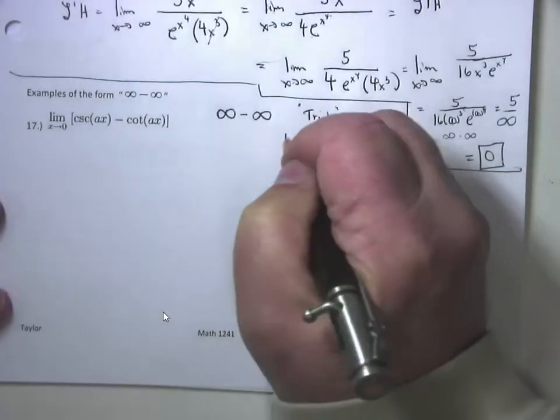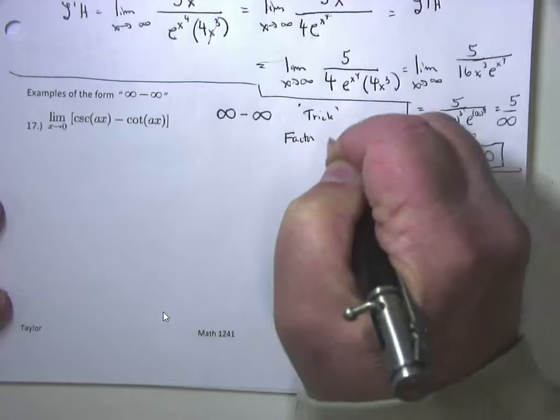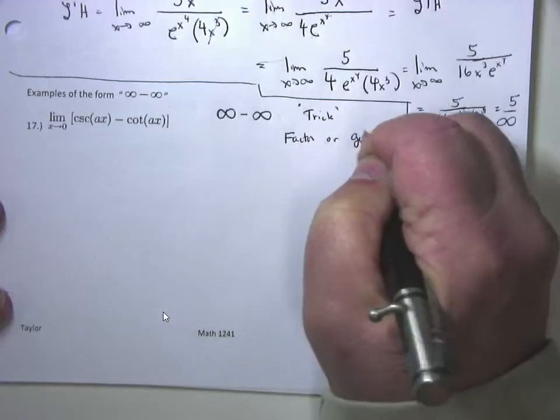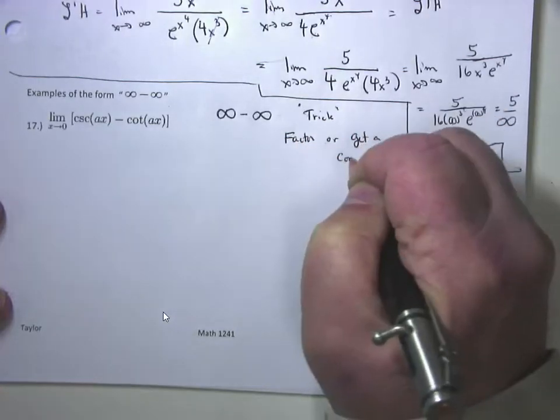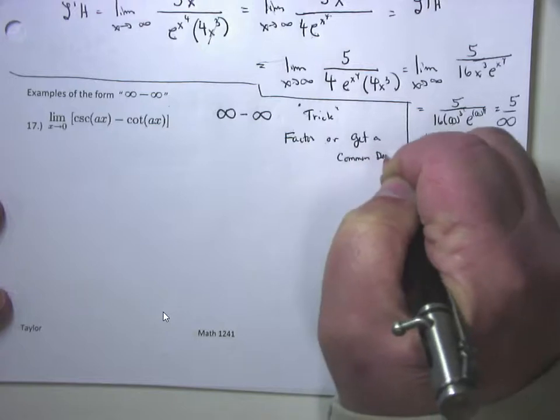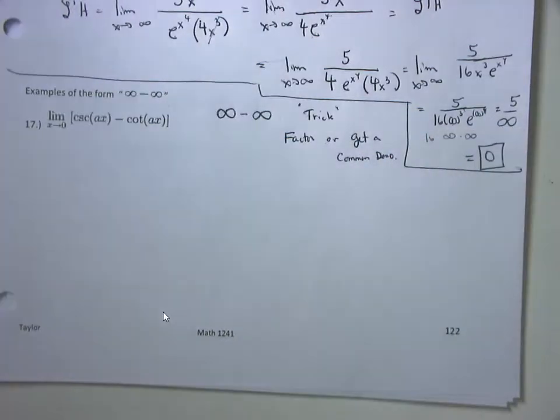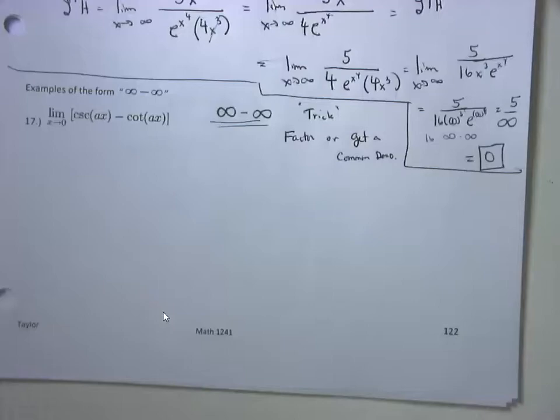You're either going to factor or get a common denominator. That is the pattern of the infinity minus infinity indeterminate form. And again, by factoring it or getting it into a common denominator, the ultimate goal is to turn it into a L'Hopital's rule kind of problem.